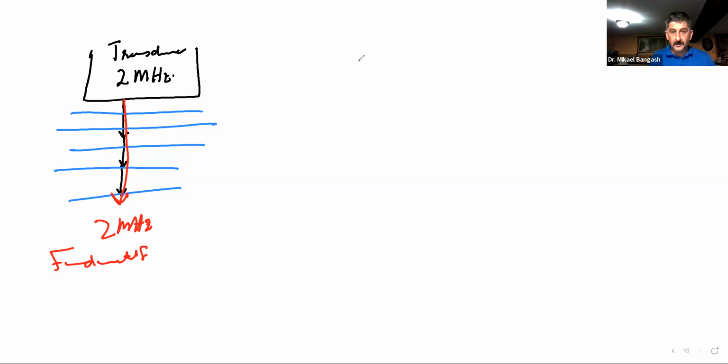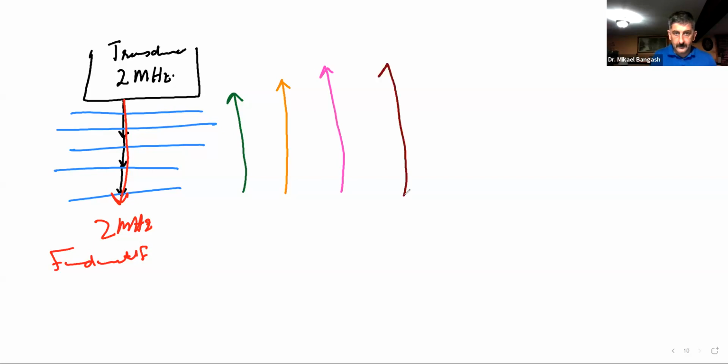What is actually going to happen is that it will send back an array of different frequencies to the system. And not to make it too complicated, let's just assume these were the different frequencies that were sent back. This one here will still be 2 megahertz.